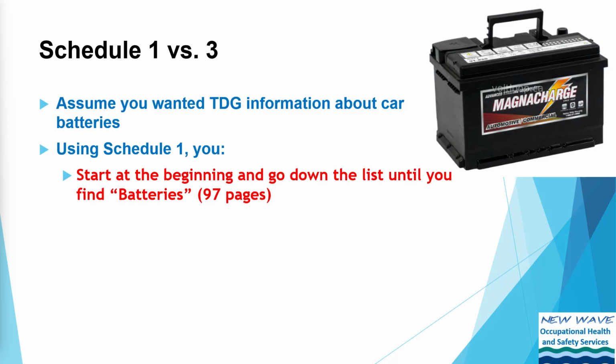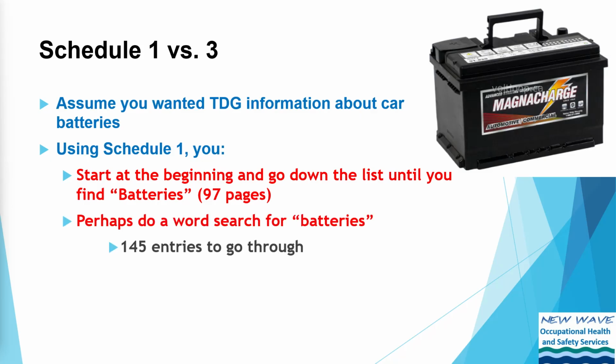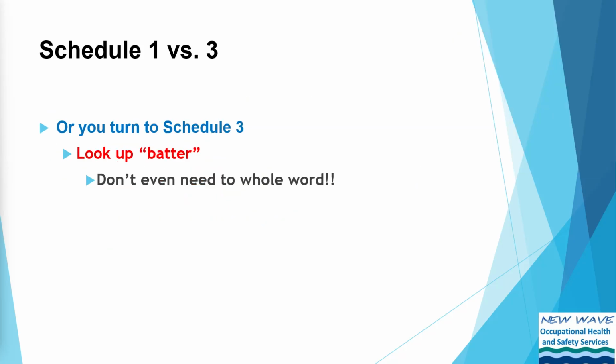Using Schedule 1, you start at the beginning and go down the list until you find batteries 97 pages later. Or perhaps you do a word search for batteries and have 145 entries to go through. Or you turn to Schedule 3 and look up batter. You don't even need the whole word.